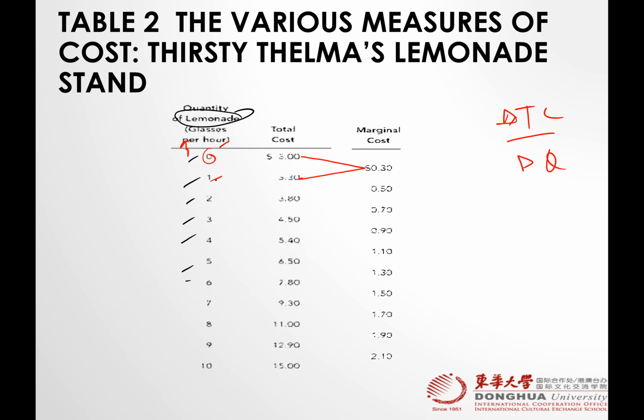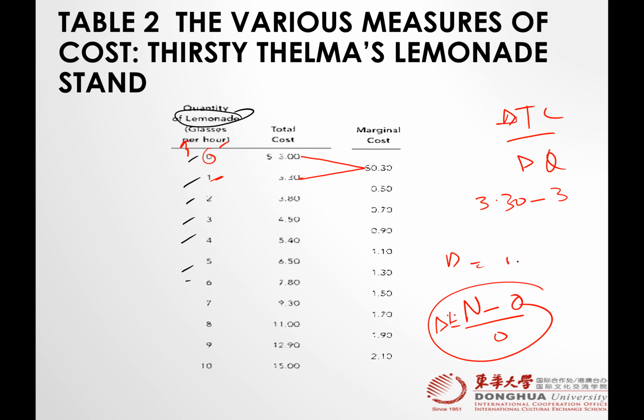What is the marginal cost for 1? It is the change in total cost, which is new cost minus old cost. Sorry, that is percentage change.